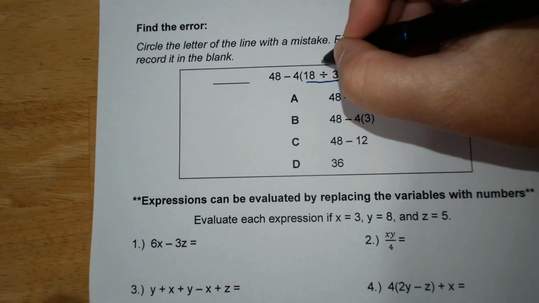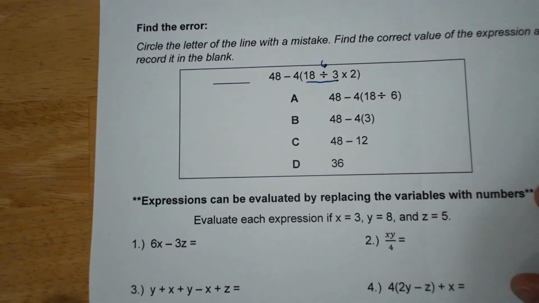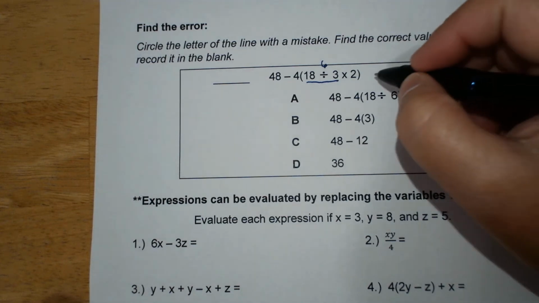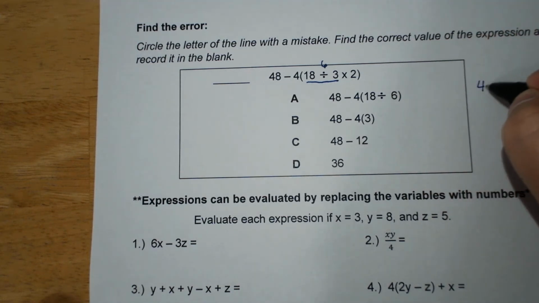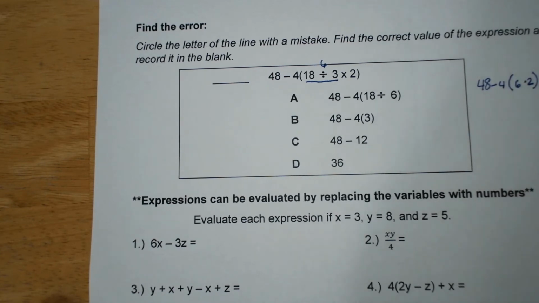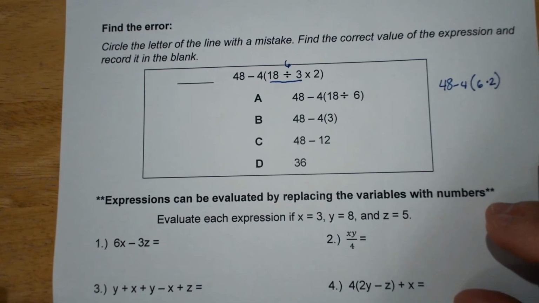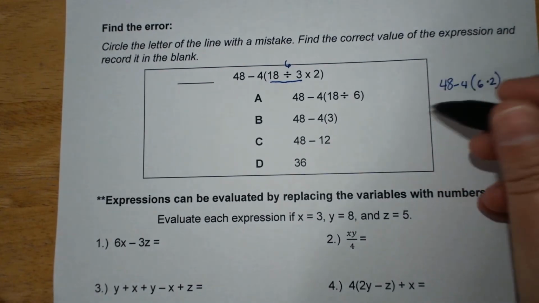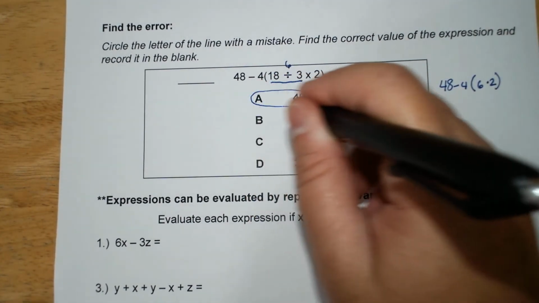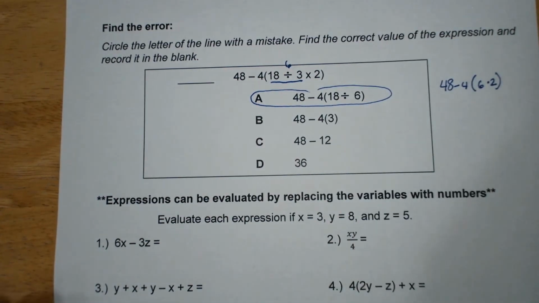So I would do this as a 6. 18 divided by 3 is 6. So my first step would be 48 minus 4 times 6 times 2. That is what that very first step should look like. This does not look like it, so it is that step.